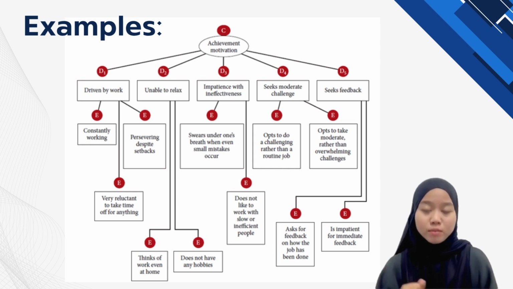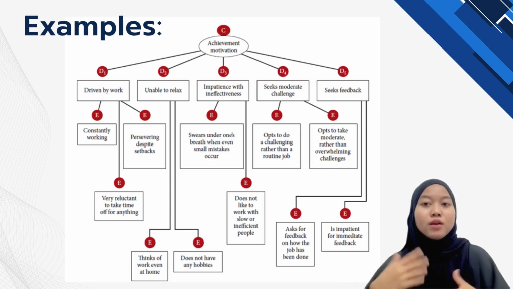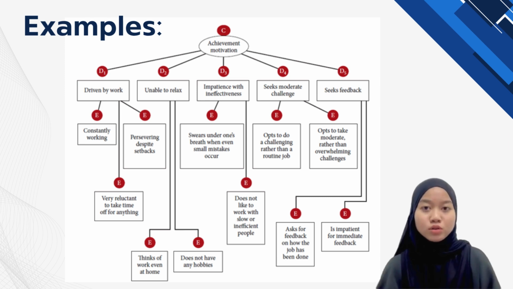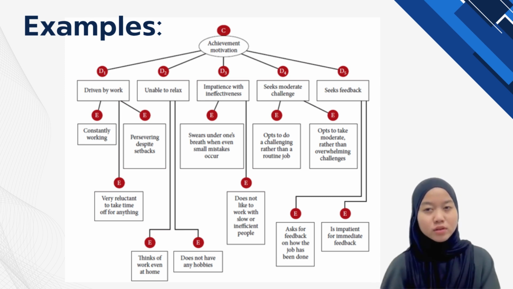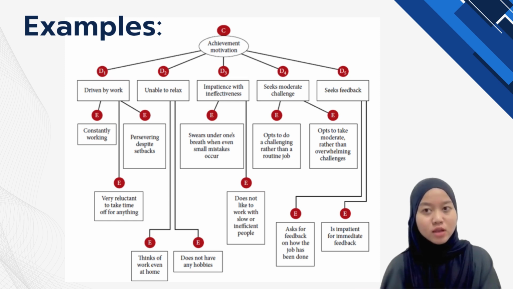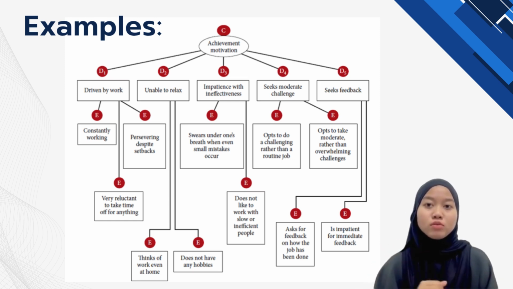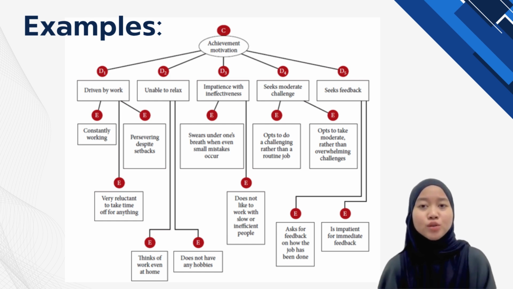Okay, furthermore, unable to relax. We encounter those who struggle to relax. Their behaviors include impatience with inefficiency, like a CEO who cuts meetings short to get to the point. Stress over small mistakes, such as a chef redoing a dish for minor presentation flaws.